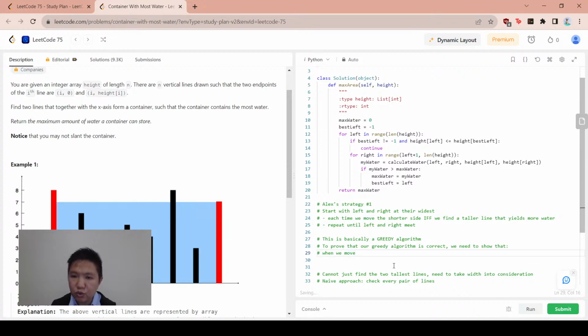Show that when we move a side, we move one of these pointers, we want to show that when we move one of these pointers, anything that we reject is always going to be worse.